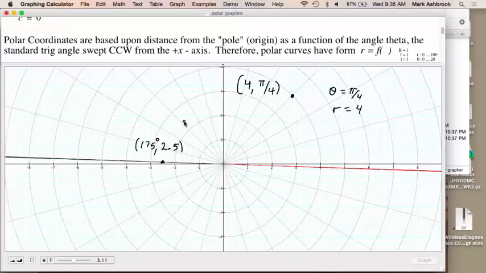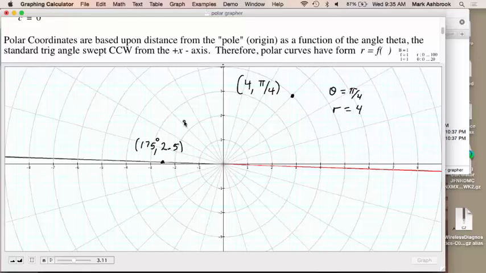So that's not r of negative 2.5, that's r of positive 2.5. Whatever direction your angle points, that's the direction of positive. That could be in any quadrant, right? Whatever direction the terminal ray of the angle points is your direction of positive. So you've got positive in all 4 quadrants.